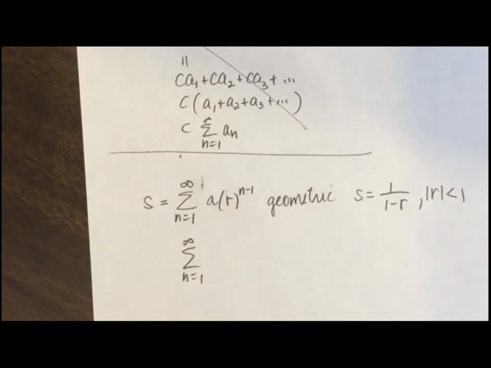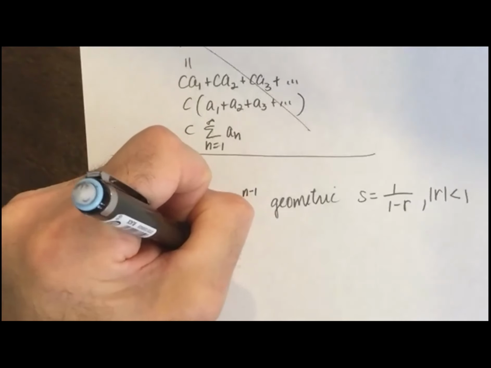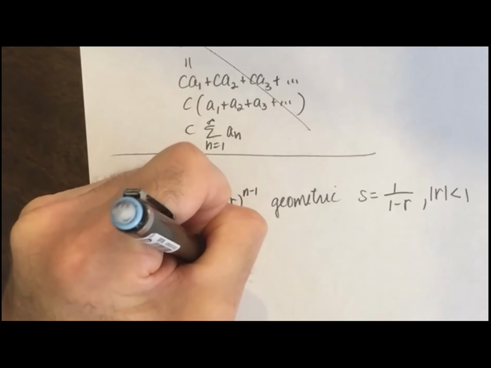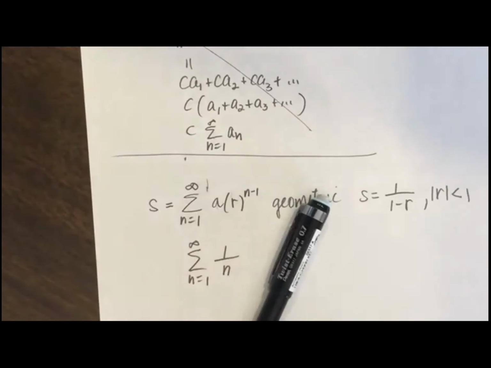What do I want to write here? How do I want to write this? I want to write 1 over n. Let me see what notation he uses. I don't want to mess it up later.